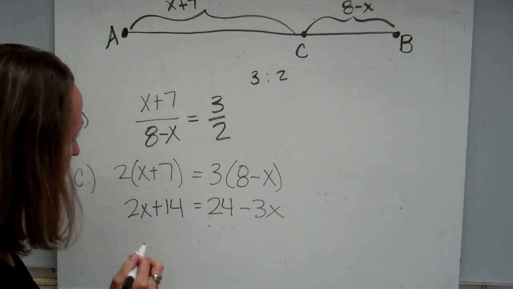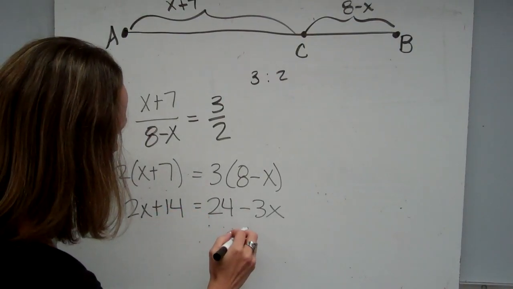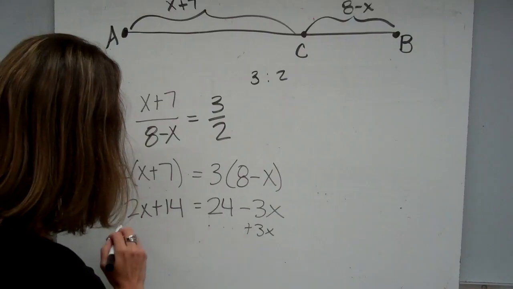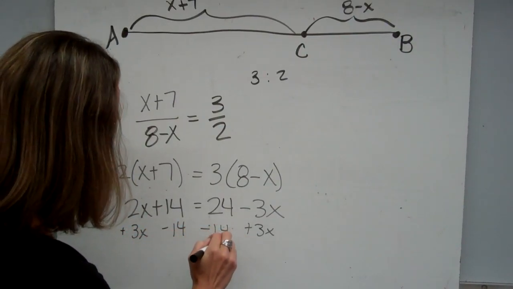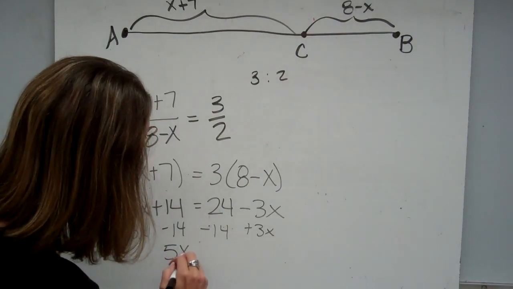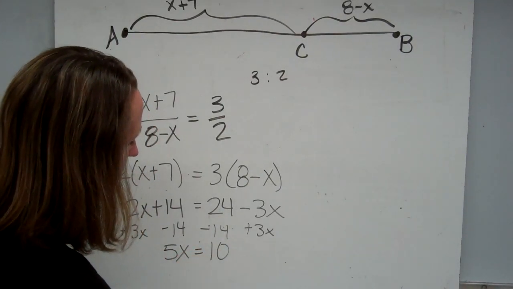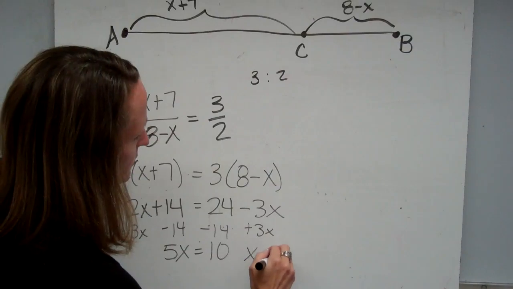Keep going and solving your equation. I'm going to bring this one over, and I'm going to subtract this one so that I end up with 5X equals 10. That means that X is going to equal 2.